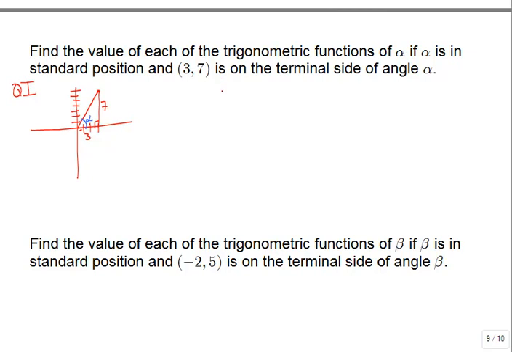So what that's asking us to find is sine of alpha, cosine of alpha, tangent of alpha, and then the reciprocals, cosecant, secant, and cotangent. These are problems that we've done previously in our unit circle lecture. So how can we do this thinking in terms of right triangles?